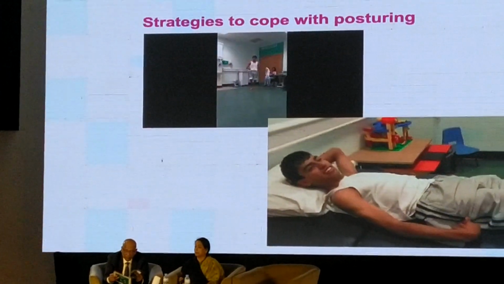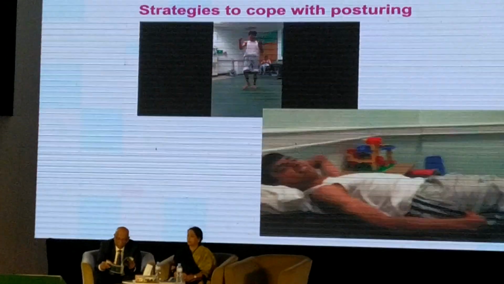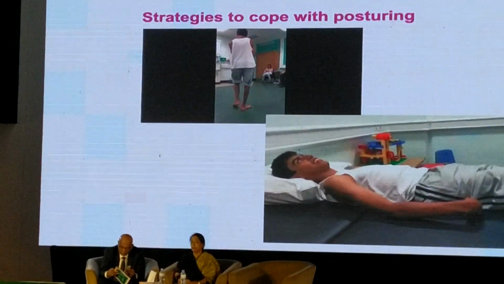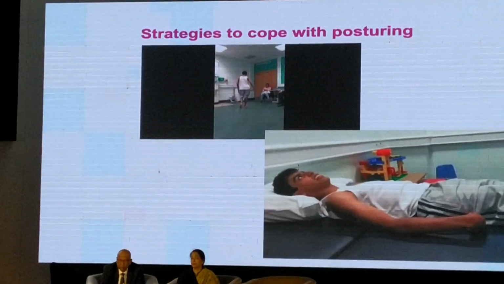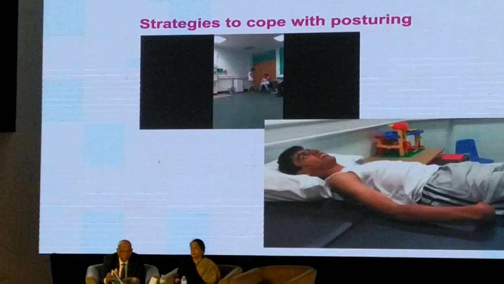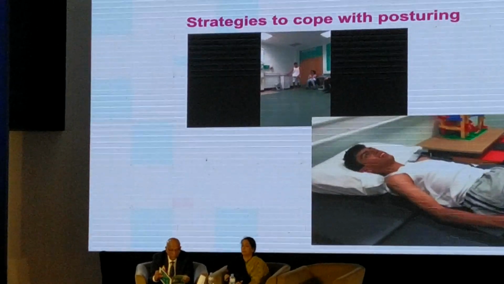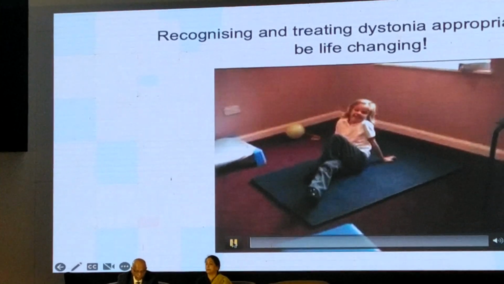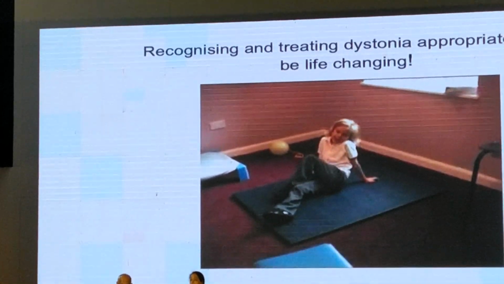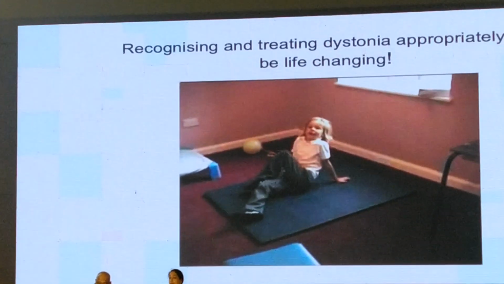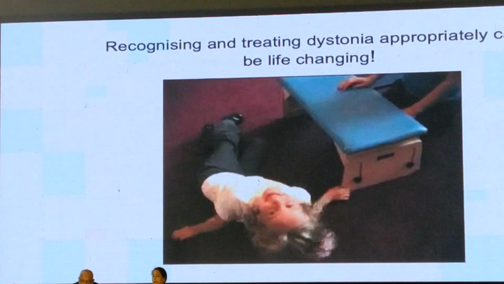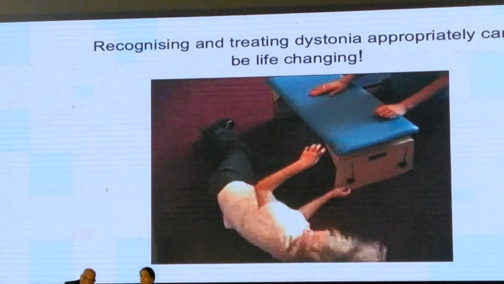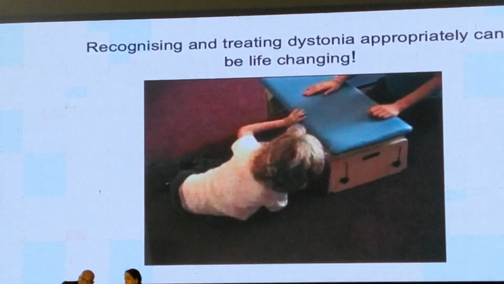And like I said, these children have different ways of coping. Like yesterday when Professor Gustri was showing the child with the arm stuck behind the back, there are all different ways of coping. And once we recognize the dystonia, and once we send the patient to the right treatment, then it can be quite life-changing, as we already heard from Professor Doshi.